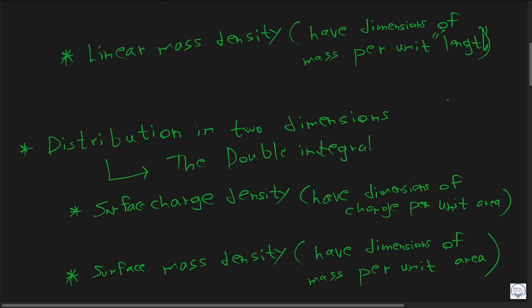The domain of our integration is now an area, which is reasonable, because these points lie on a two-dimensional surface. We need to use the double integral to cover all the points of this domain, and they will have dimensions of whatever it is per unit area. This comes from the fact that before it was one-dimensional: the domain was length, so per unit length. Now it will be per unit area, as we would expect.